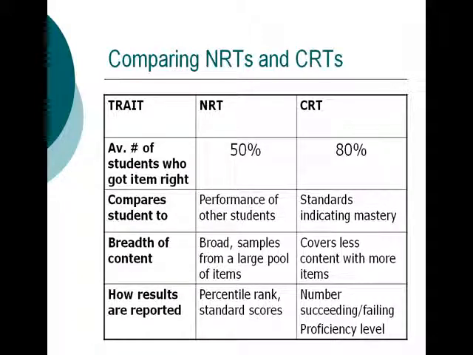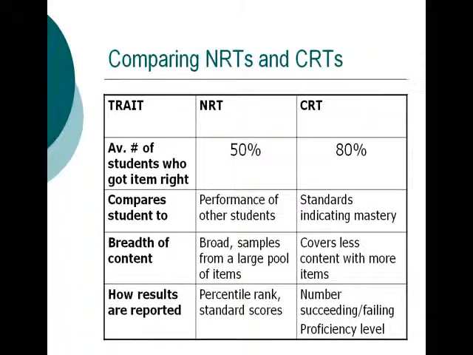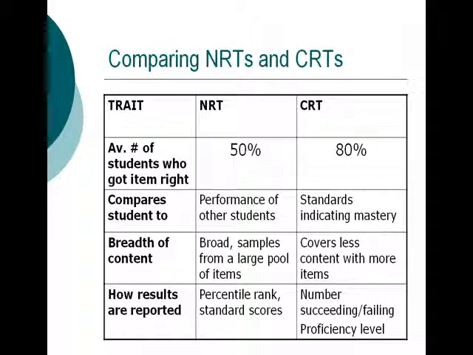So when you get MCA results, that'll be listed for each child individually, for each class in a school, for each subgroup. And that's essentially how schools are identified as not making adequate yearly progress, if they have too big a percentage of kids, let's say in a subgroup of English language learners, who don't score at proficiency. Then they're in AYP corrective action.